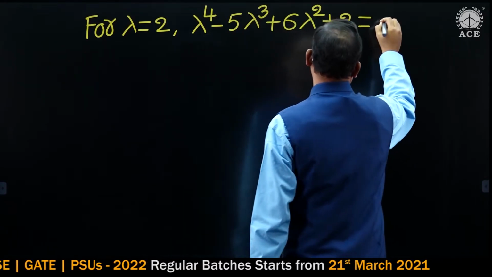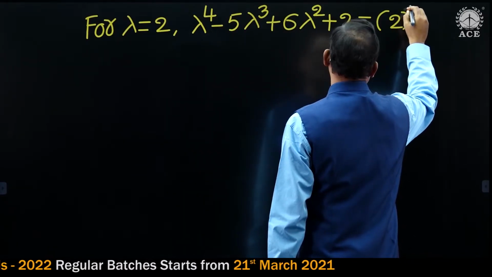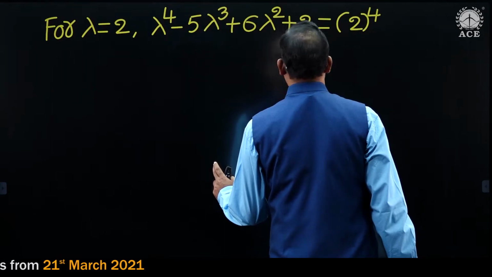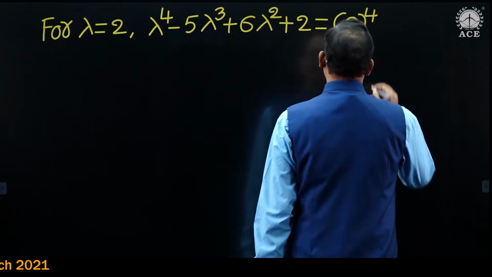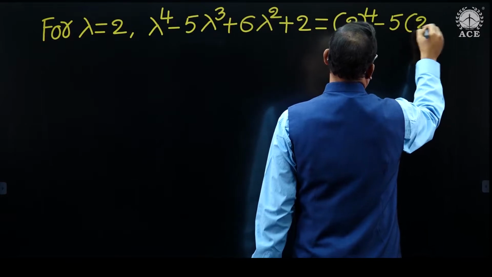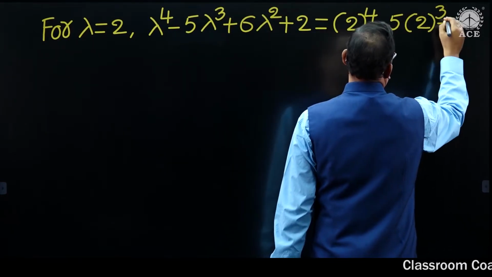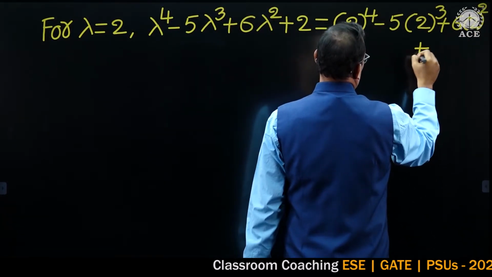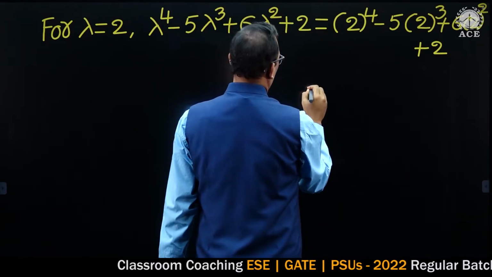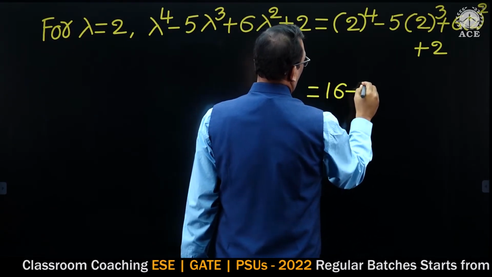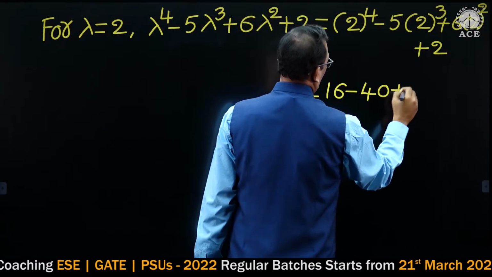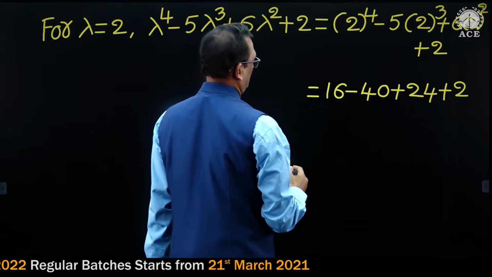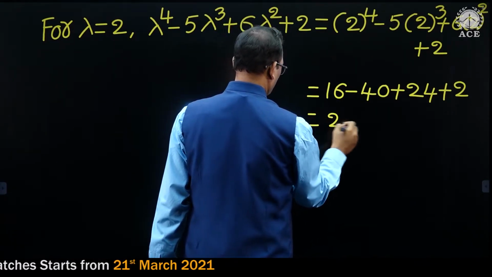Substituting lambda value 2, that is 2 power 4 minus 5 into 2 cube plus 6 into 2 square plus 2. 2 power 4 that is 16 minus 40 plus 24 plus 2. 42 minus 40 that is 2.